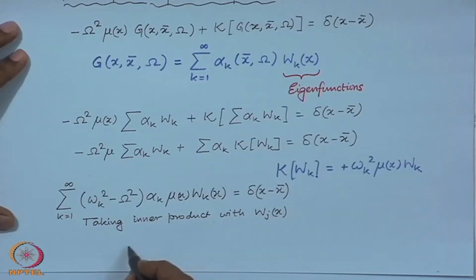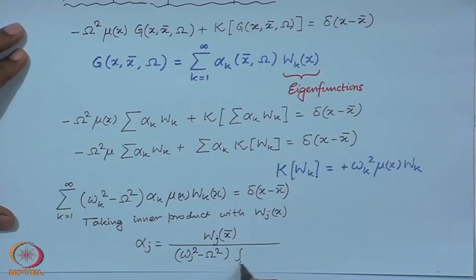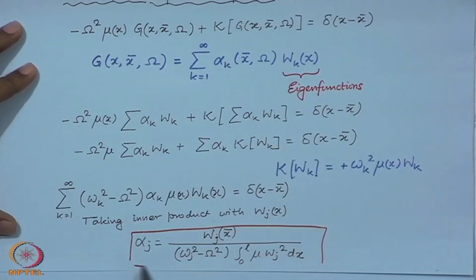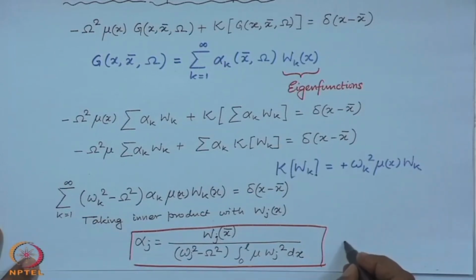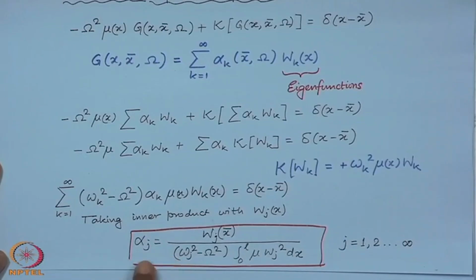So, what we obtain, upon simplification, is the coefficient alpha j, and this can be done for all j from 1 to infinity, and then we can solve for all these infinitely many coefficients alpha j.